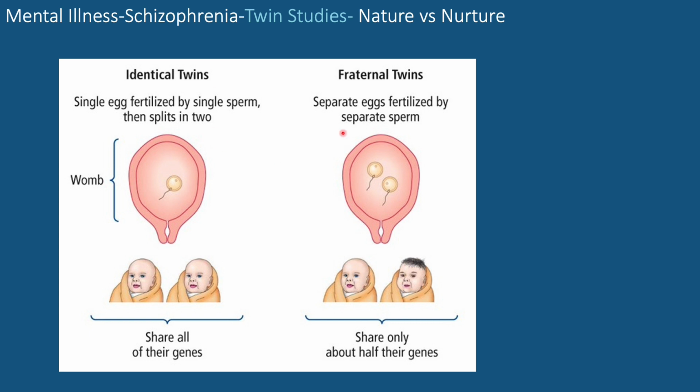Furthermore, by additionally comparing monozygotic twins, identical twins, to fraternal twins, dizygotic twins, who share half of their genes, the respective degrees of influence of genetic and environmental factors on the disease can be determined.